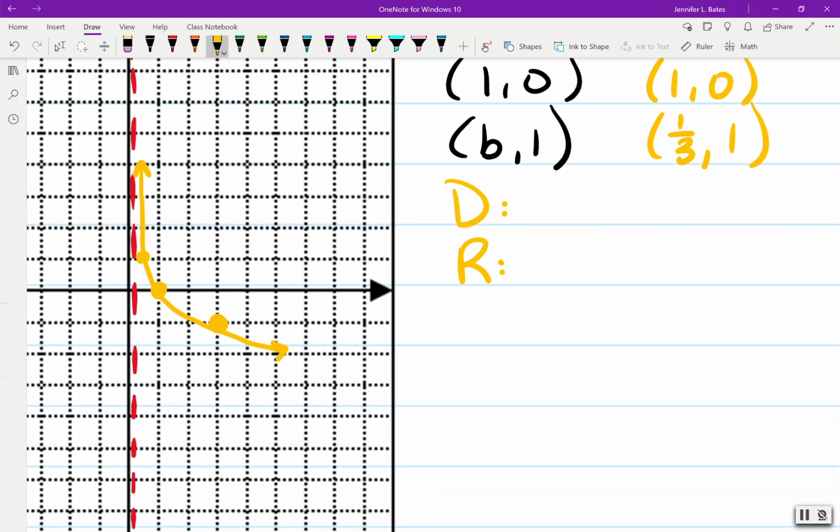Can somebody tell me the domain? So you're going to take your pen up and down, and you're going to check, what's the domain? Somebody brave, tell me the domain.